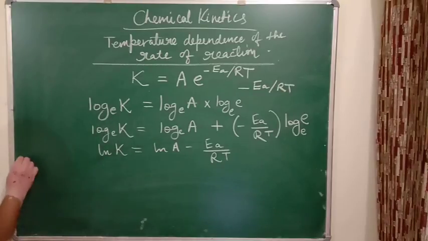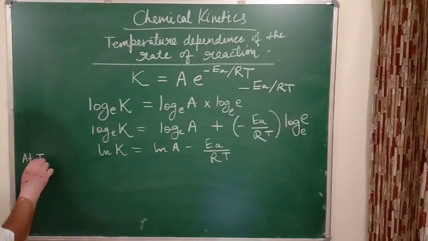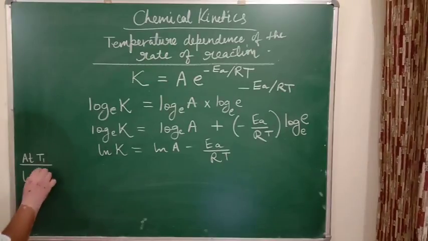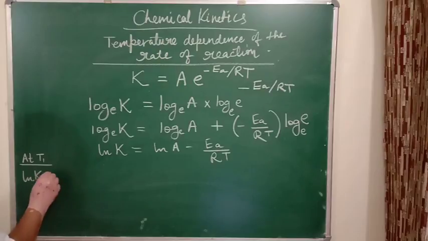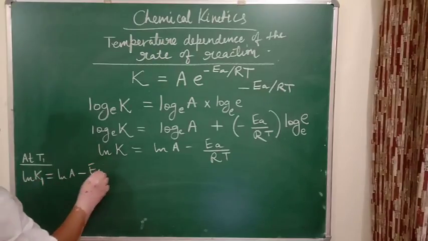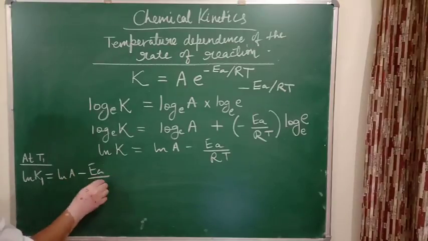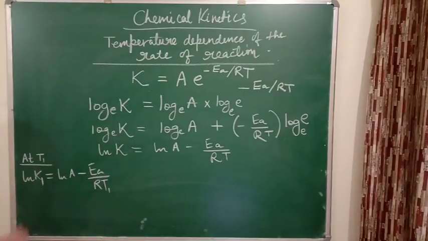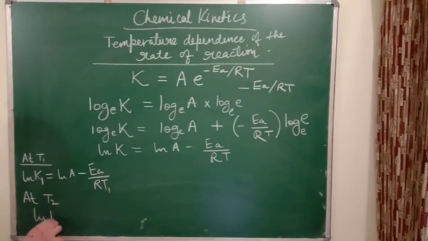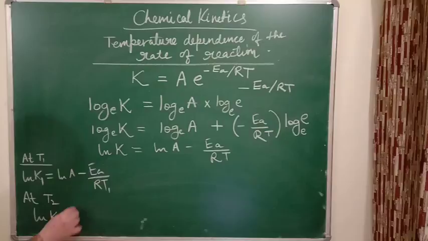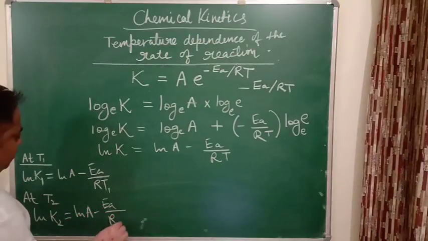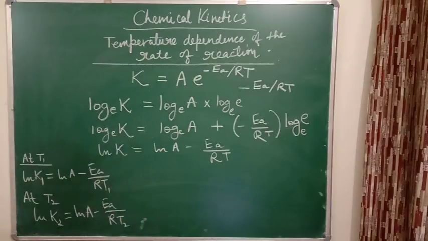At T1 this can be written as ln k1 equal to ln A minus Ea by R, which is a constant, into 1 by T1, and at T2, ln k2 will be equal to ln A minus Ea by R T2.